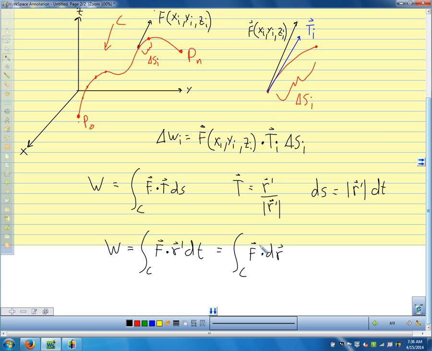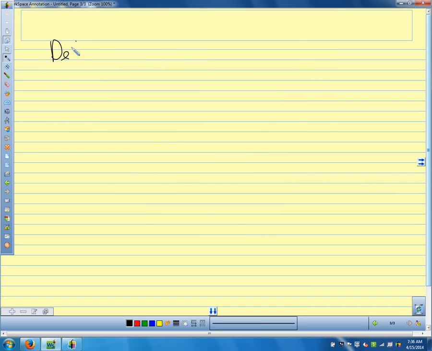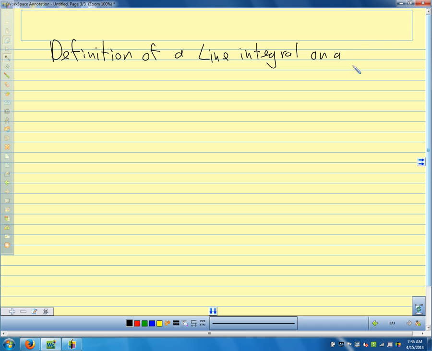We can use the method to define our line integral of any vector field moving over some path C. So we make this our definition.